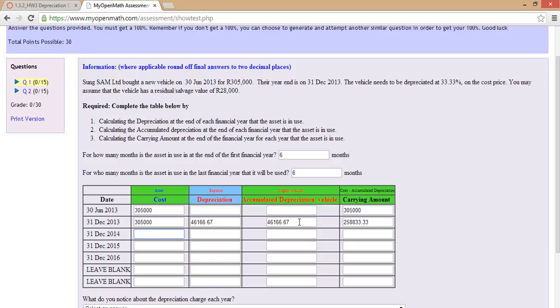Right, so let's move on to the second financial year. Now we've got our cost. Again, you will see that the cost price remains the same throughout this asset's life. So 305,000 Rand again. My depreciation in the second year, I'm going to use the same formula.